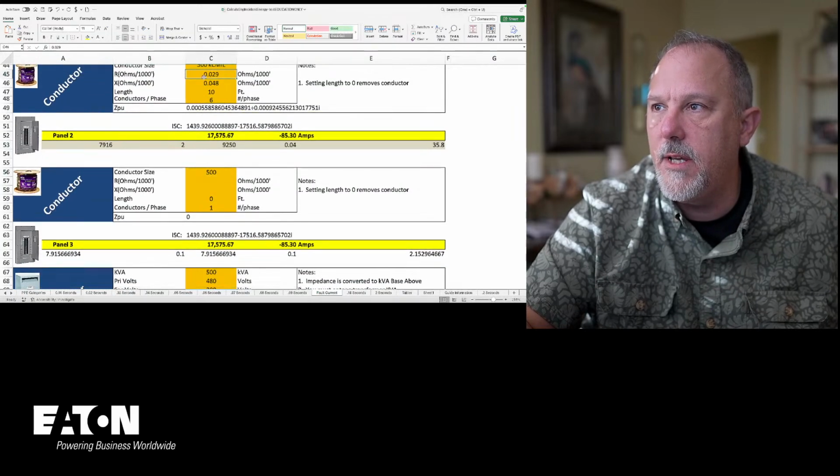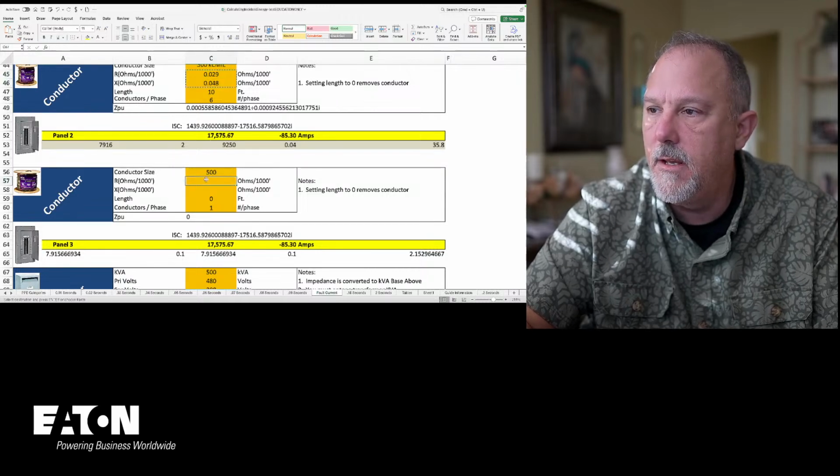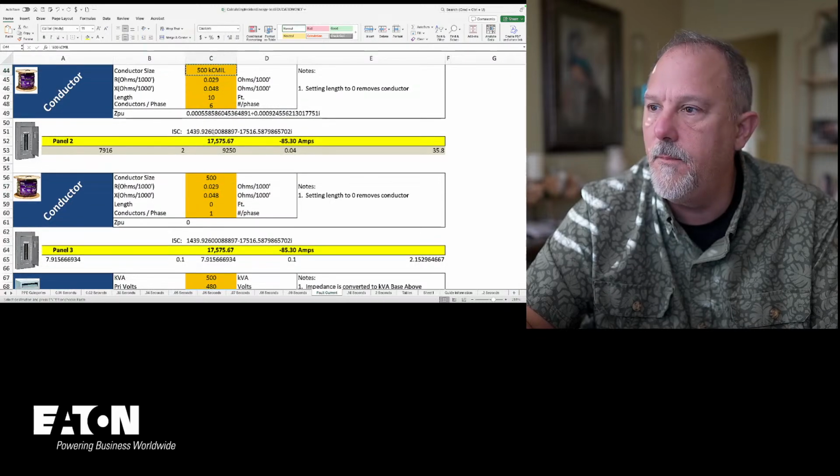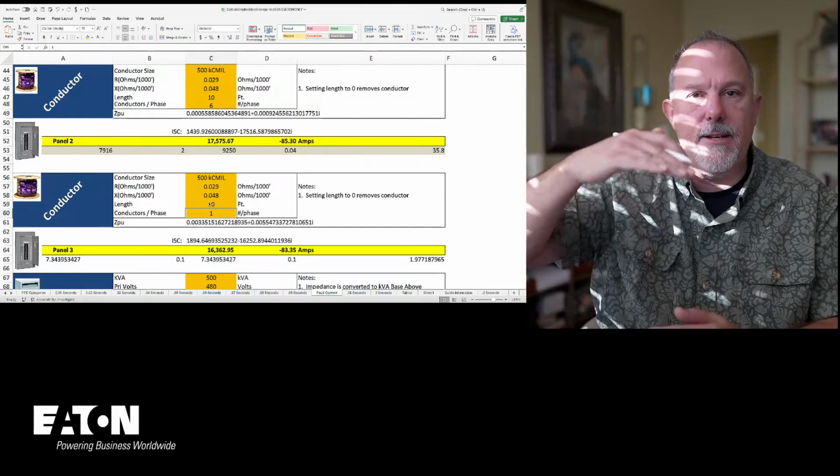Now the other option we had, remember, was putting another length. I'm going to take these, Control C, Control V. I'm going to take 500 kcmil and put another 10 foot in, thinking I land on a disconnect.